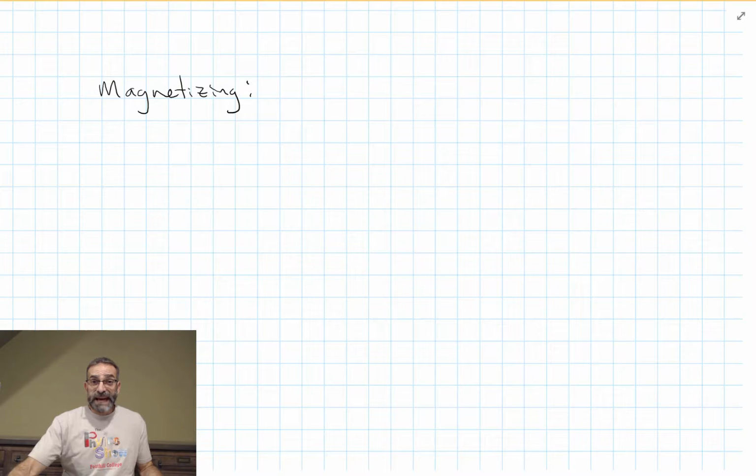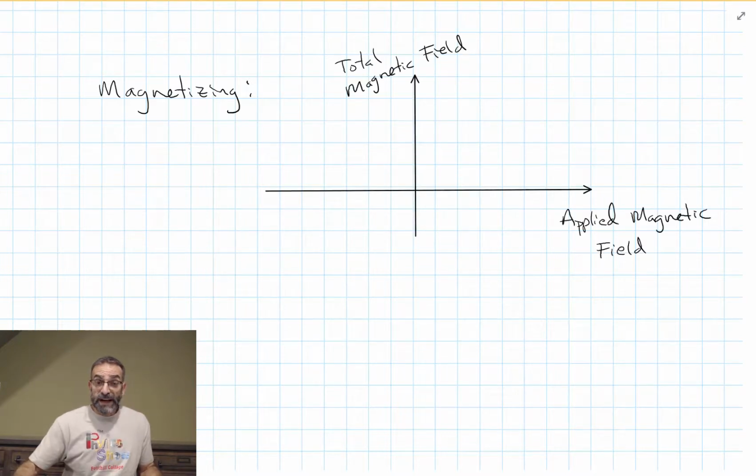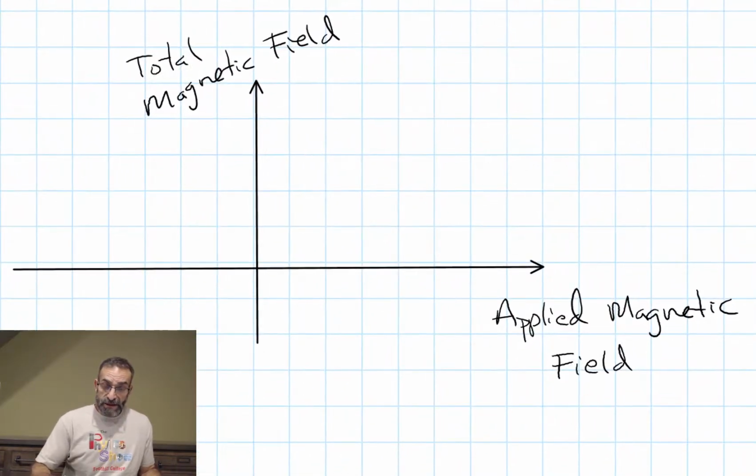We've discussed magnetizing a piece of iron. You put it into a strong magnetic field, remove that field, some of the domains stay in alignment, and you have a permanent magnet. A visual way of representing that is a graph like this. We're going to graph the applied magnetic field on the horizontal axis and the total measured magnetic field on the vertical axis.